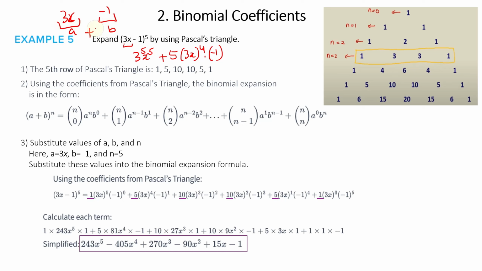At the end I have a plus b, so that's why I have something like this. So this is going to be minus 1, and this is power of 4. It's not really clear now, but this is 4, and this is the multiplication.